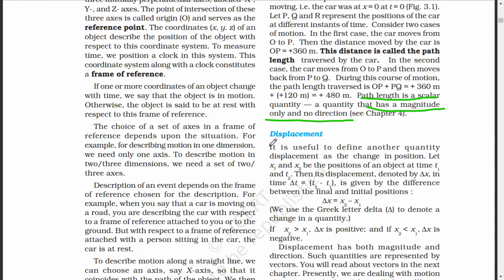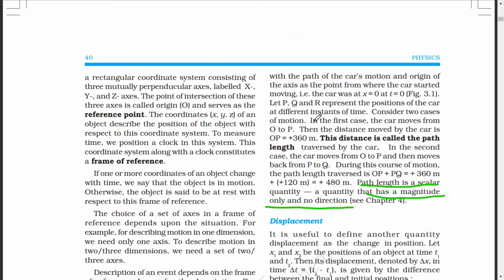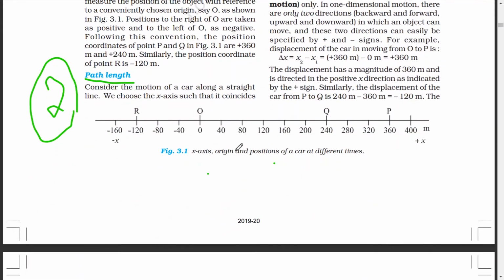Displacement. So now in this whole scenario, what he's telling is that for path length it doesn't matter which direction the car takes. Only the path length gives us the distance traveled by the car.